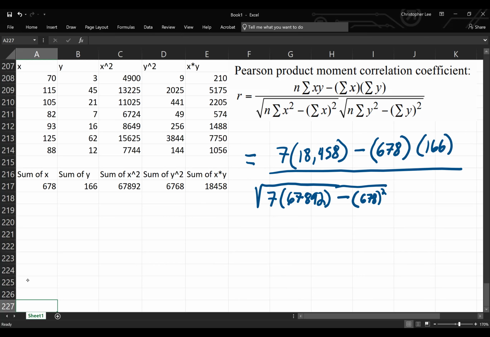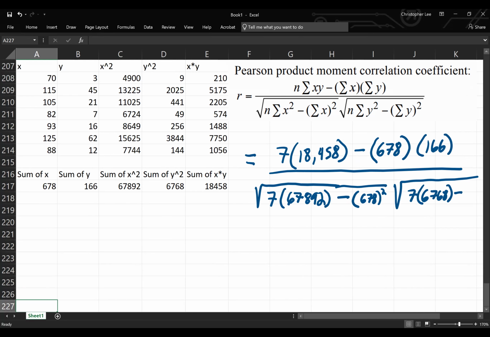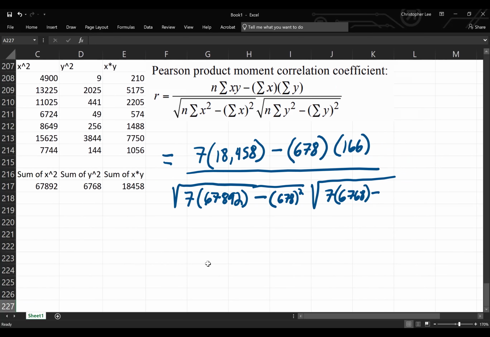Times the square root. What's the n? 7. What's the sum of y squared? That's the 6,768. Minus the sum of y, the 166 squared.